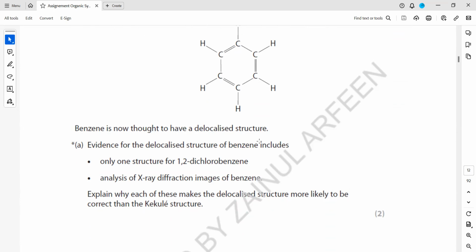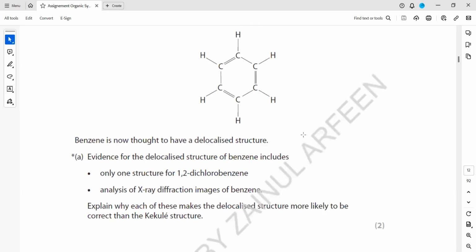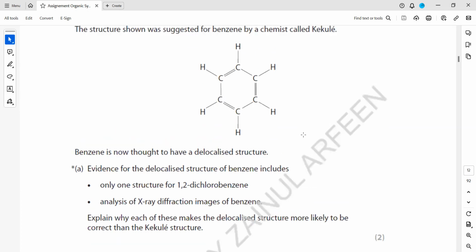Evidence for the delocalized structure of benzene includes only one structure of 1,2-dichlorobenzene and analysis of X-ray diffraction. Explain why each of these makes the delocalized electron structure more likely to be correct than Kekulé's. So the thing is, why there is only one 1,2-dichloro structure, and then how the X-ray diffraction supports it.